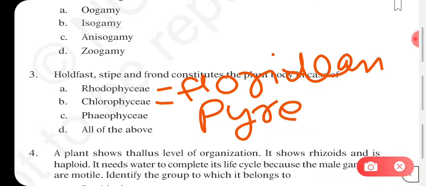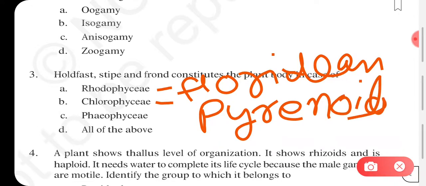So in Chlorophyceae you will see pyrenoids are present. Now the next one, that is Phaeophyceae. Phaeophyceae is a brown algae, depending upon the pigments fucoxanthin, xanthophyll and others present in them. So depending on that, the color is brownish, and we call them brown algae.